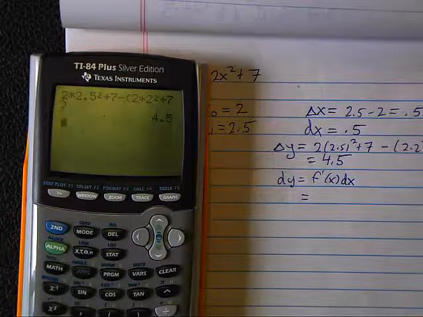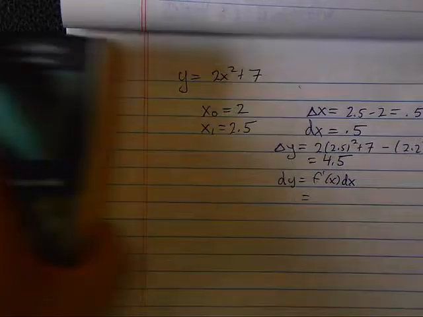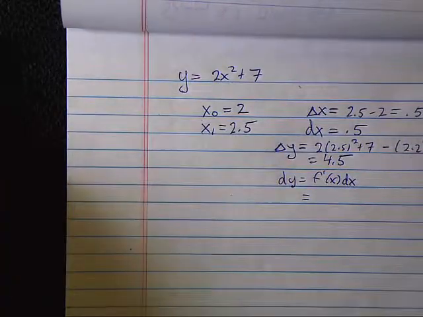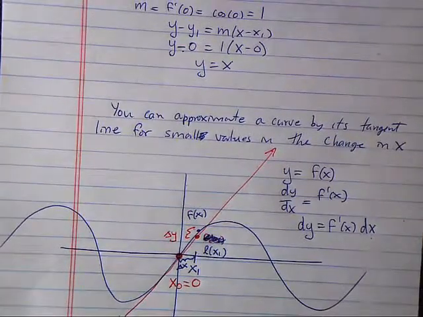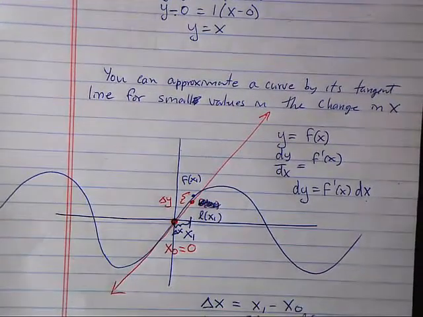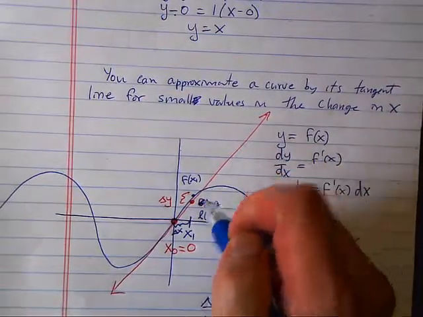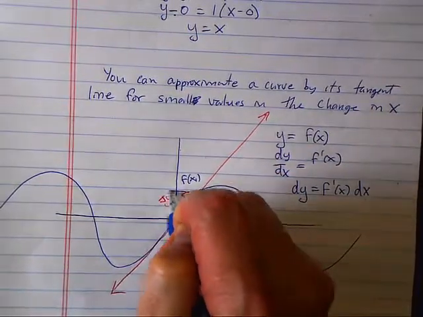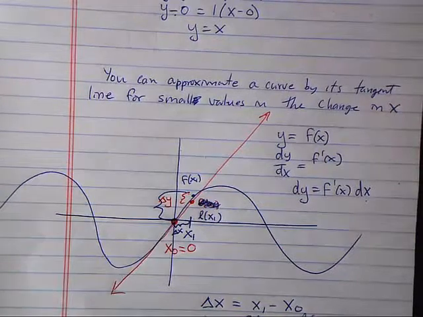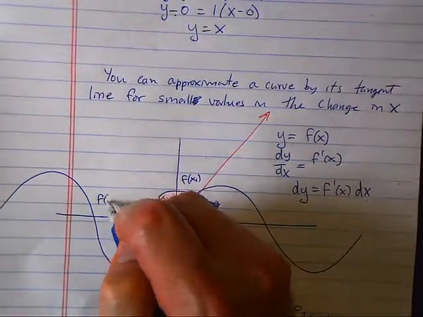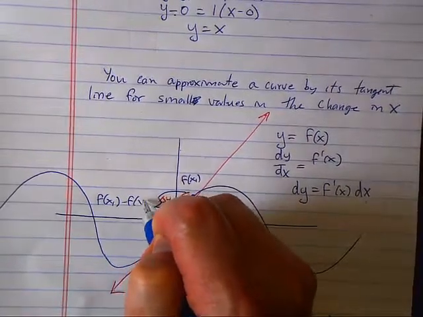Wait, I thought you said that you plugged the second one into the derivative. Did I? You said the line, which is the tangent line, which is the derivative. Oh, you're right, I did. I messed up. I'm sorry. Delta y should be the change in y, so delta y is f at x1 minus f at x0.